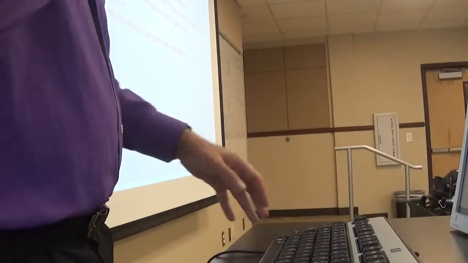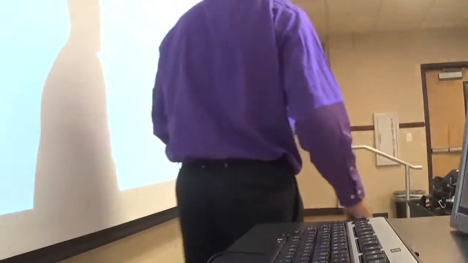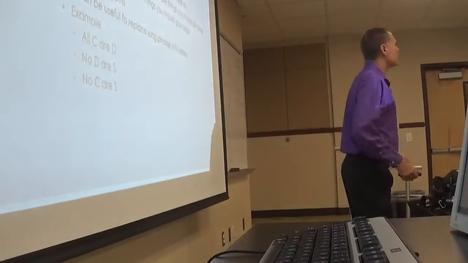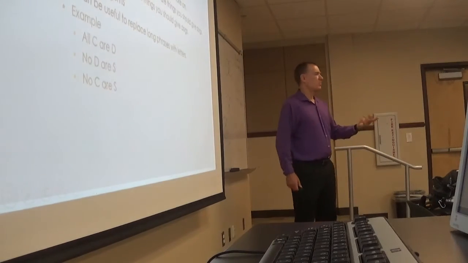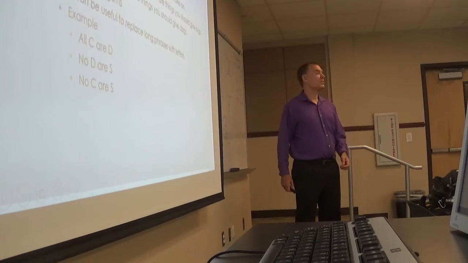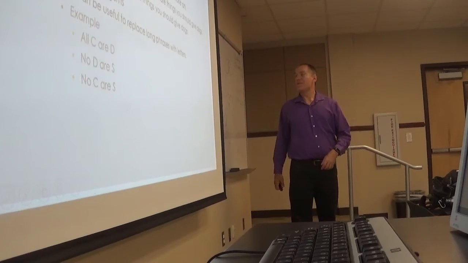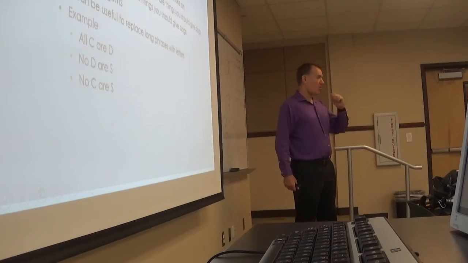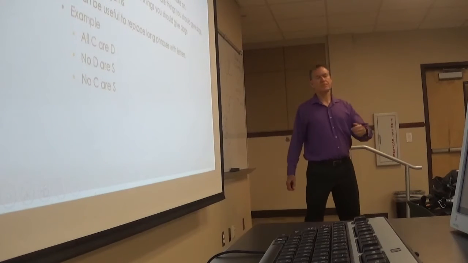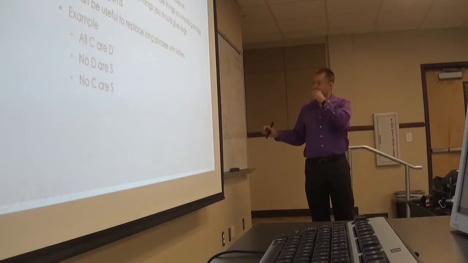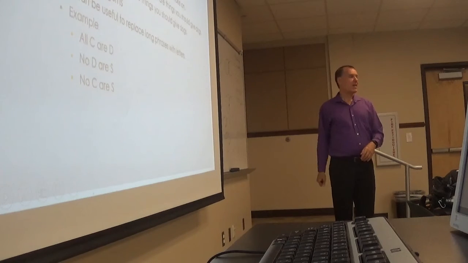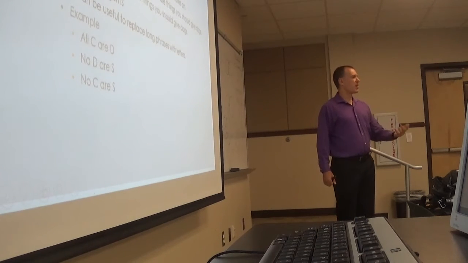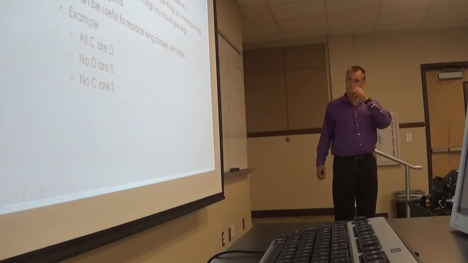Now, as I recall from when I was a freshman, there are 72 valid syllogisms. And no reason to memorize them because you can test them, but there are 72 combinations that are valid. Now, any argument you get that's a categorical syllogism, you can apply the test, and again, every categorical syllogism is going to be valid or invalid.